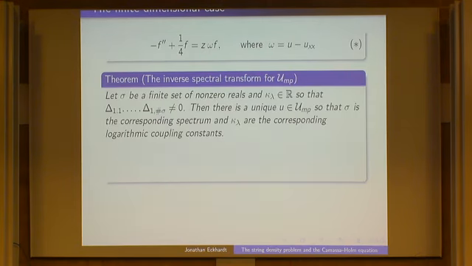So if you summarize it, for any given finite set of non-zero reals sigma and constants kappa lambda, such that all these determinants are non-zero, then you can find a multi-peakon profile u such that it has exactly sigma as the spectrum, and kappa lambda are the coupling constants.